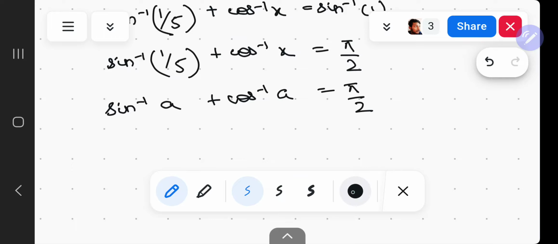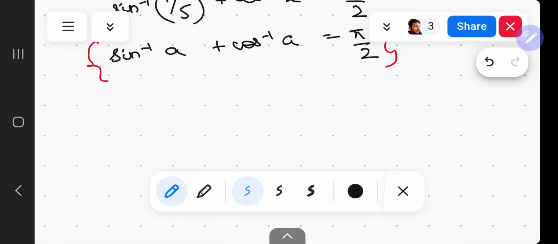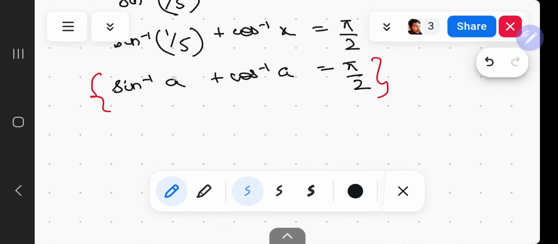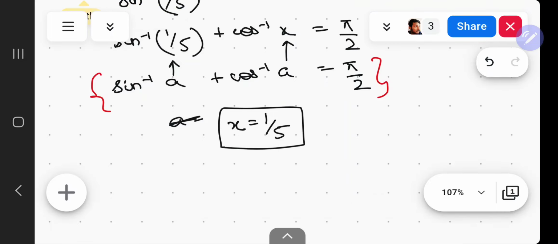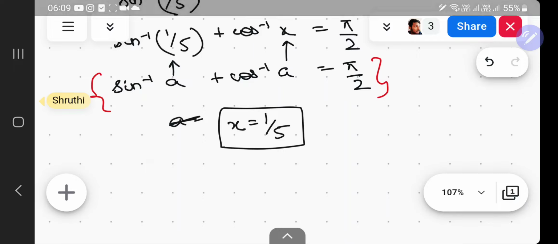This is a formula. So by the formula we can compare, the value of a is 1 by 5, and x will be a. So the value of x is 1/5. So we got the value of x here.